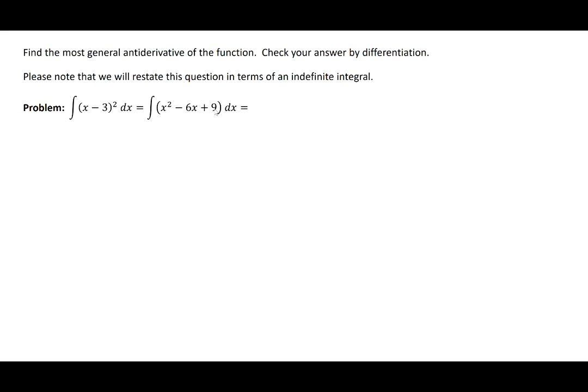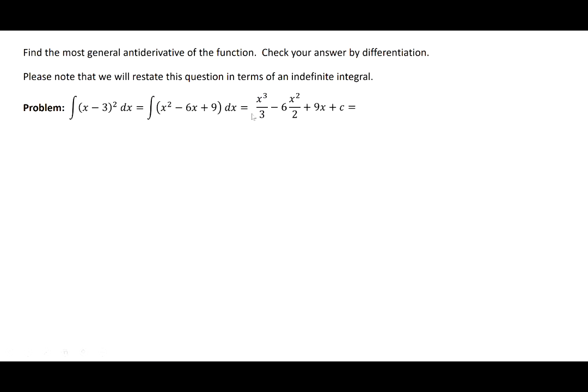Are you following me? Let me repeat that. If I ask you for the integral of 1, you should say, wait a minute, the derivative of what is equal to 1? We know the derivative of x is equal to 1. So the integral of 1 is just x. So the integral of 9 would be 9 times x, because 9 came out as a constant multiple.